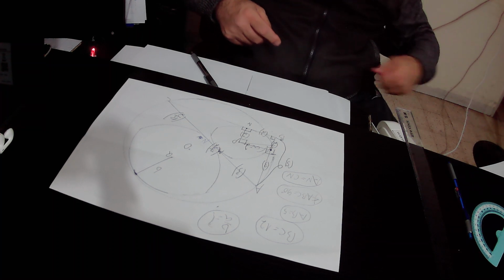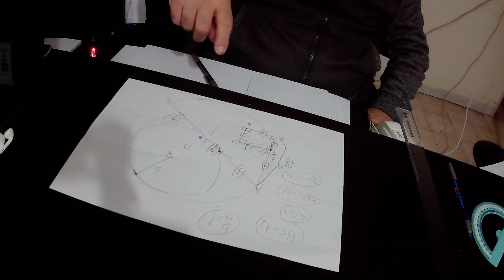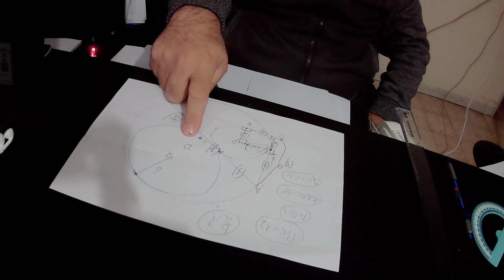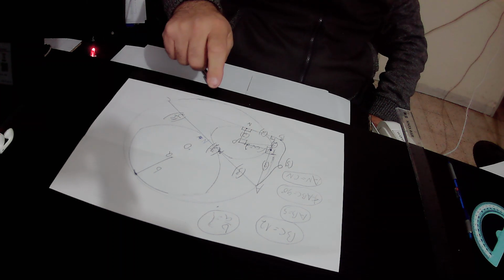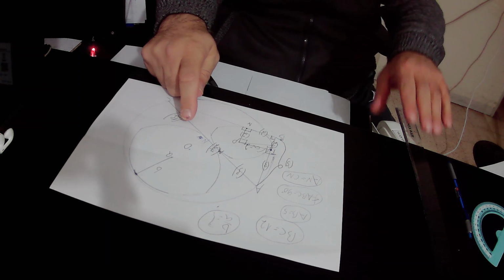Because in our drawing, according to our definition, point O is the center of the biggest circle. We join points O and N together by a straight line.